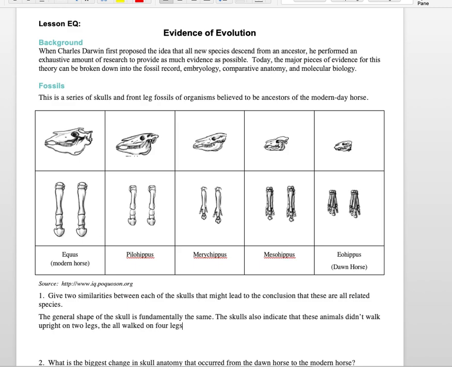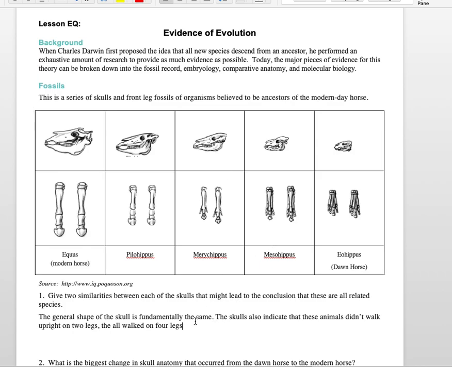Okay. And you can tell that because this is the area in the cranium where you can see the spine was attached. The spine was all attached here, which is different in a human, and we'll go into more detail when we get to our second unit in evolution. But you can see the spine is going to be attached to the back of the skull in this area instead of at the bottom.